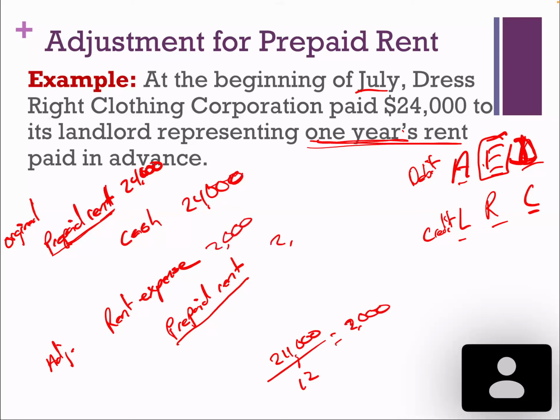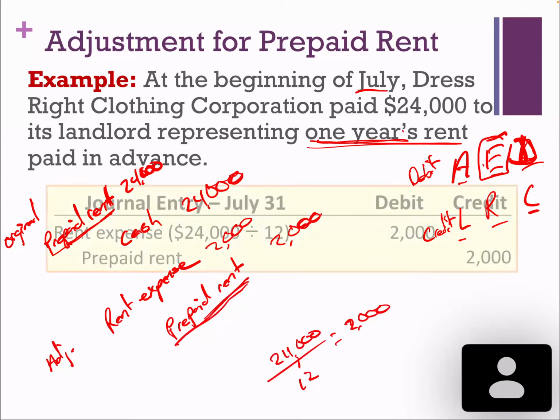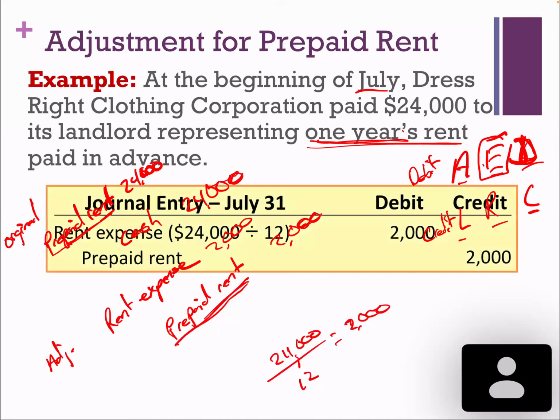Now, on the test, it may be that 6 months have gone by. So it'd still be rent expense and prepaid rent, but if it's 6 months, then we would need $2,000 multiplied by 6, so $12,000 is what we would have consumed up to that point. But this one here is just for 1 month.